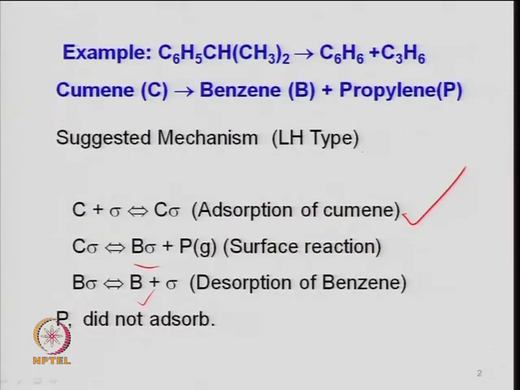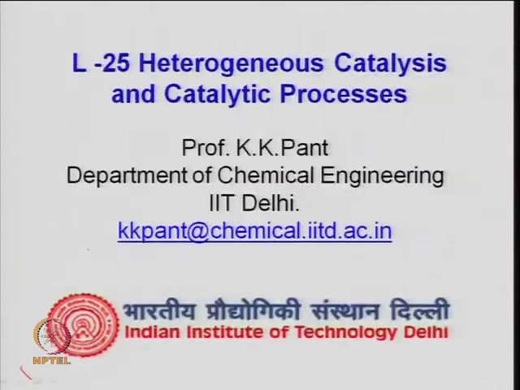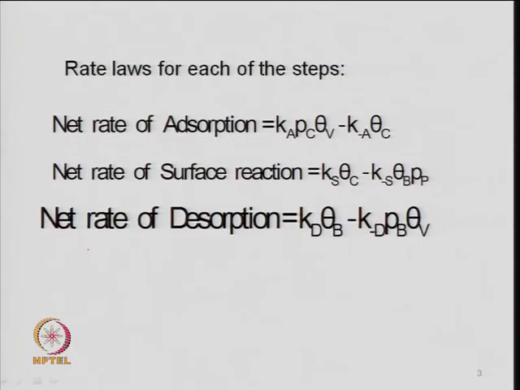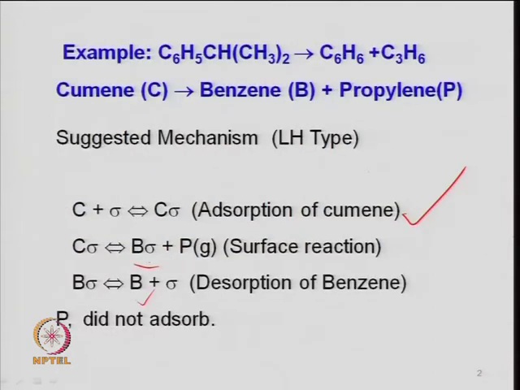If you recall, this is your surface reaction and the rate will be proportional to the concentration of adsorbed C. That is what is written here in terms of the concentration, that is K s times theta C. So, theta C is the adsorbed concentration of cumene, and then there was a reverse reaction which will depend on the adsorbed benzene, B sigma, and the concentration of propylene in the gas phase.